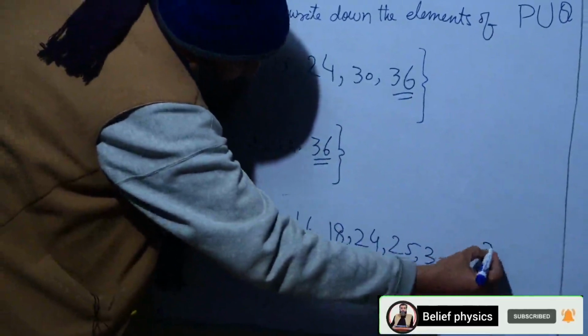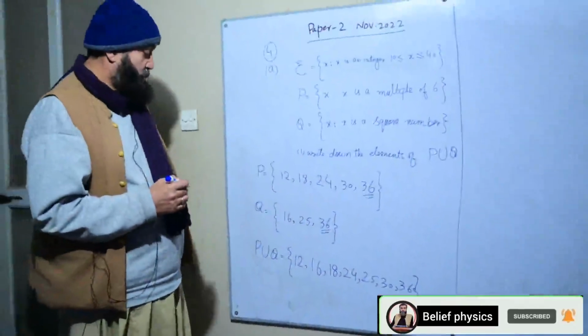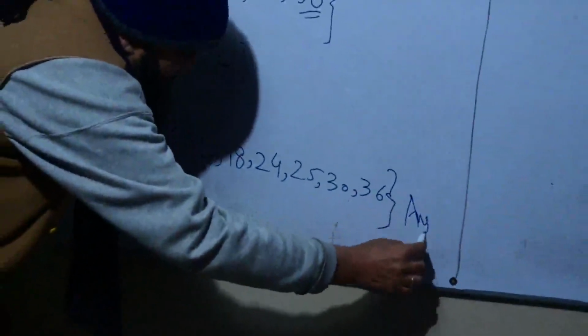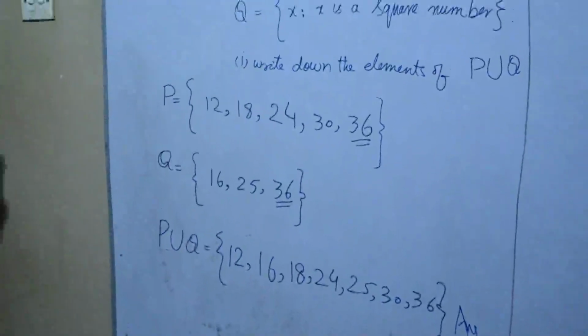So this is the union of P and Q, and this is the answer of the first part of the question. That's it.